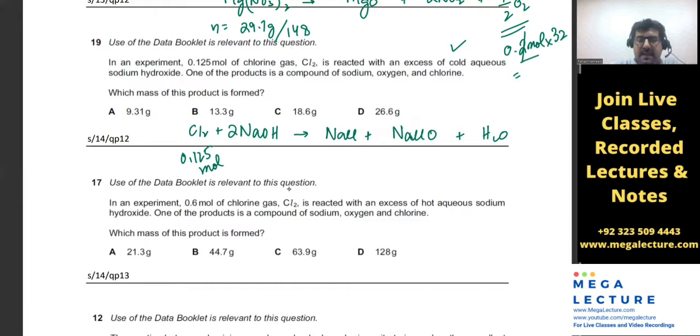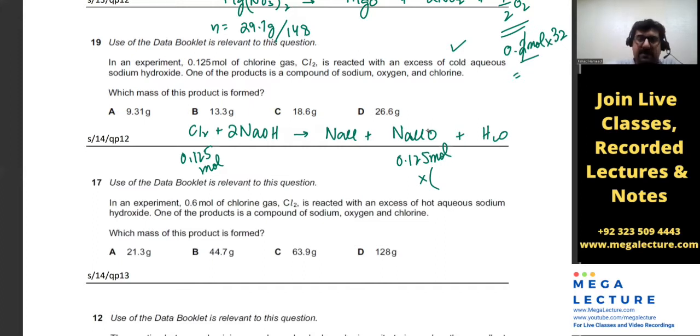0.125 moles, and they're asking you to figure out the mass of this product, the one that contains sodium, oxygen, and chlorine, this one. So this would also be 0.125 moles, right? And all you have to do is multiply by the MR, which is 58.5 plus 16.